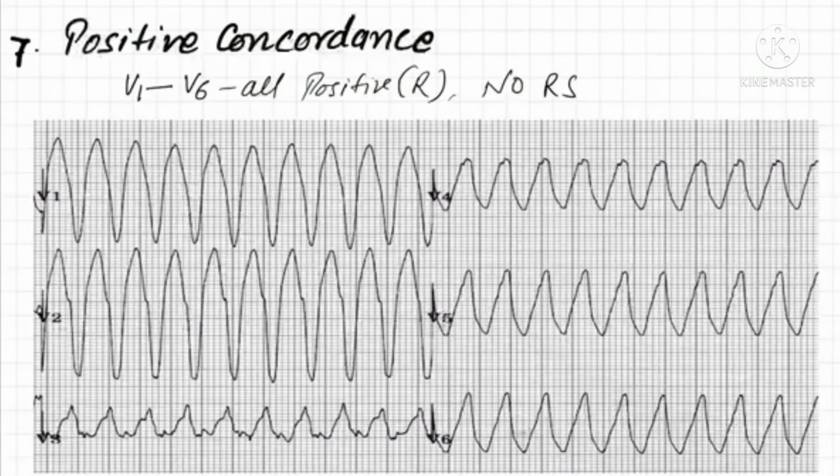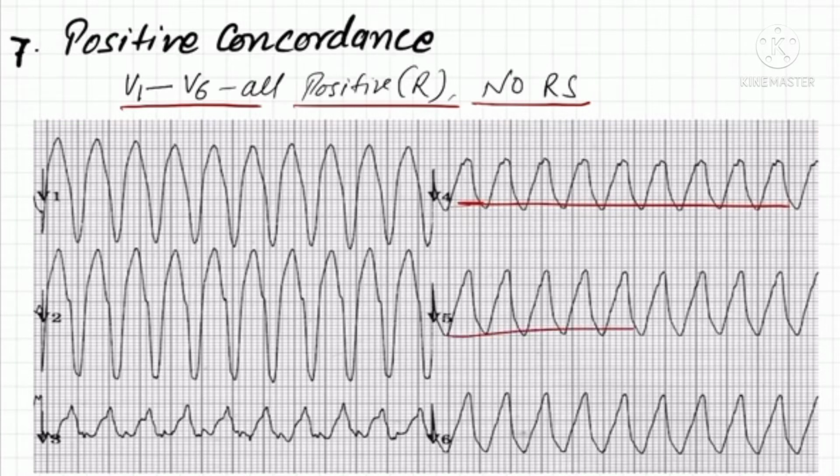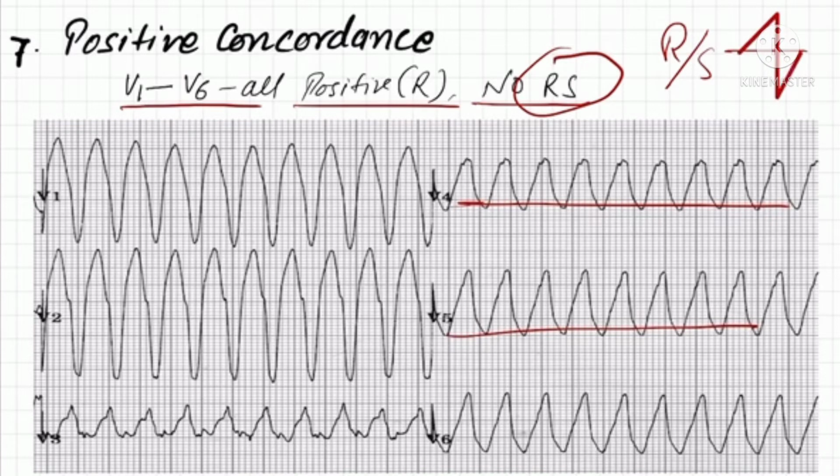The seventh one is positive concordance. That means from V1 to V6 all complexes are positive, that means all are R. These are all positive. That means there is no RS pattern. If an RS pattern is there, that is more suggestive of SVT with aberrancy.